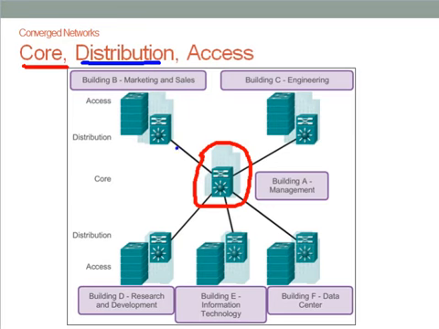The distribution layer is the layer in the middle, where the information between the end devices is collected and sent through the core layer. For the access layer, we have the information collection from the end devices such as your PCs, your mobile phones, etc.